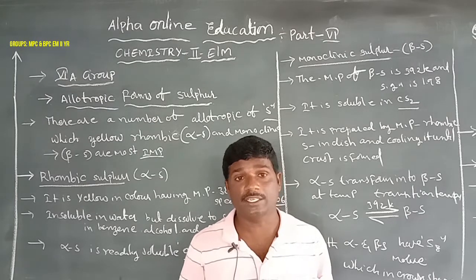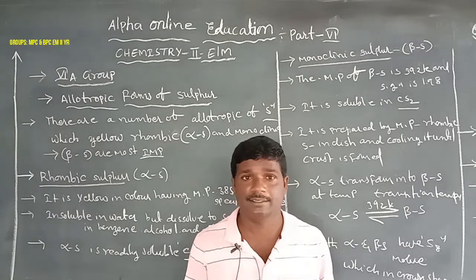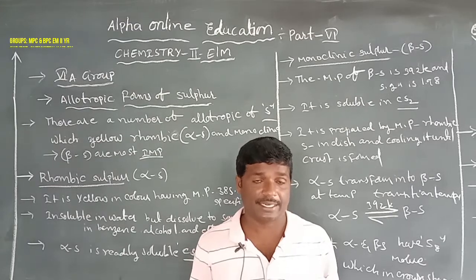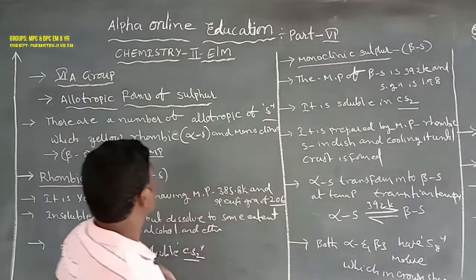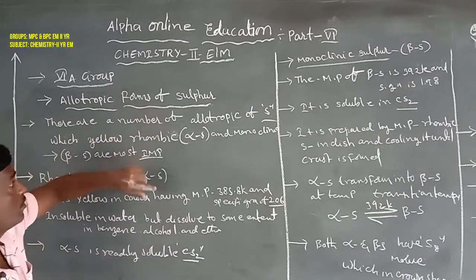Only two forms are of major importance in group 6A elements.